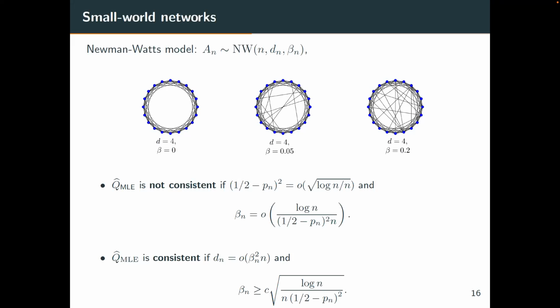Yeah, actually, I think I should have mentioned this, but I'm assuming in most parts that Pn is smaller than a half. If Pn is larger than 1/2, then you can work with the complement of the graph. And the results will still hold. This just measures how close Pn is to 1/2, because when Pn is 1/2, you are just completely destroying the network at random.